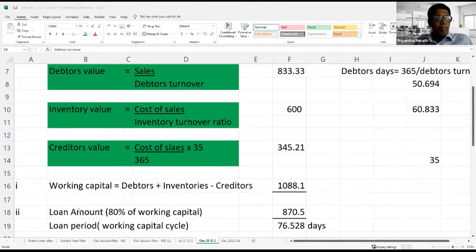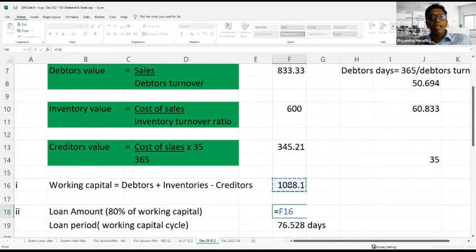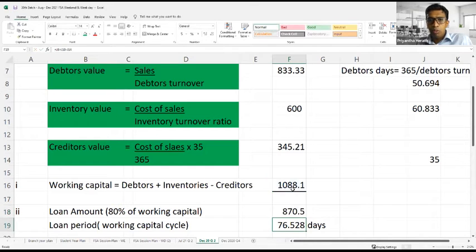As you all know, the working capital value is 1088, and you need to multiply this by 80%. Right? So how you get this? 1088 multiplied by 80%. Yes.